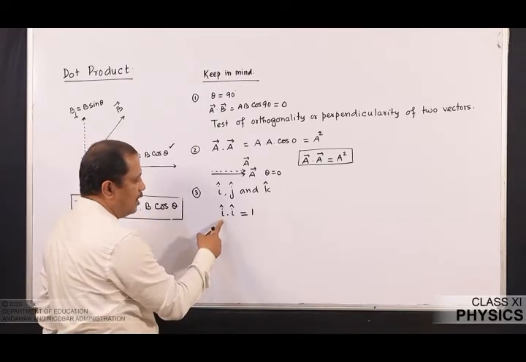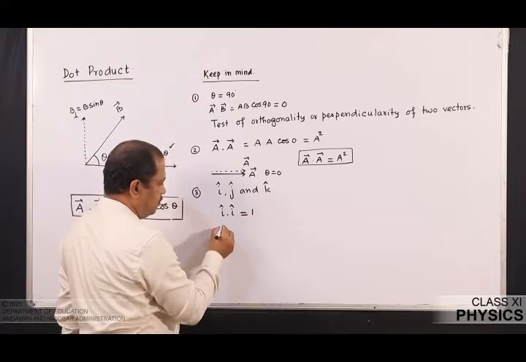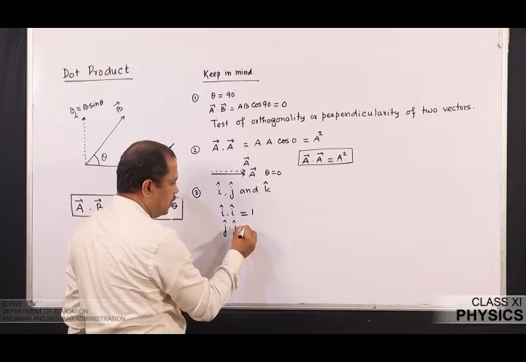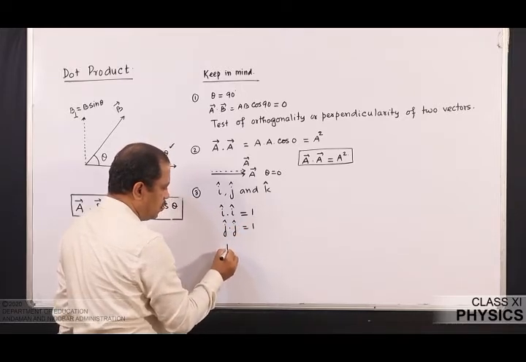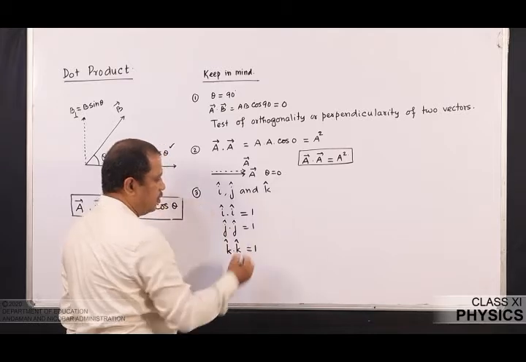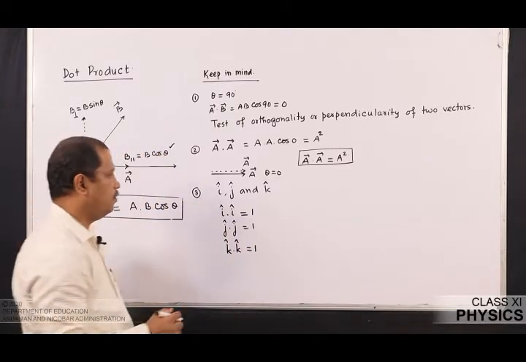Therefore, i dot i is 1, similarly j dot j is 1 and k dot k is 1. The dot product of the same unit vectors is 1.